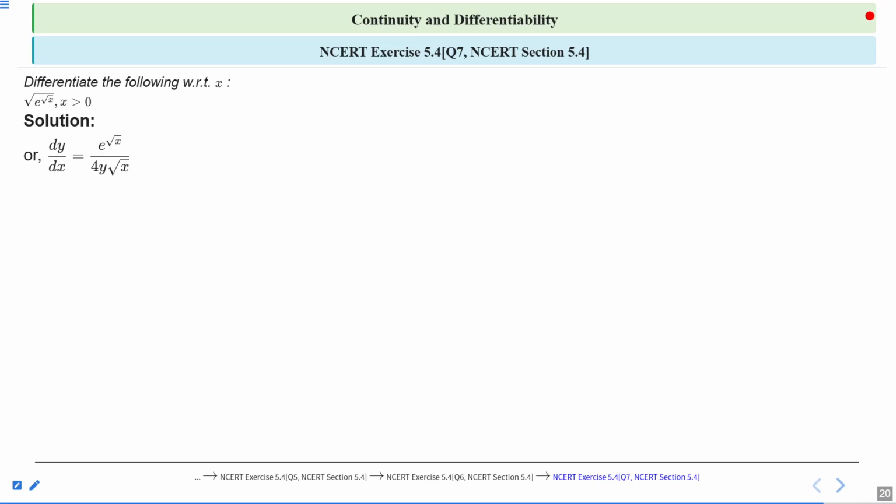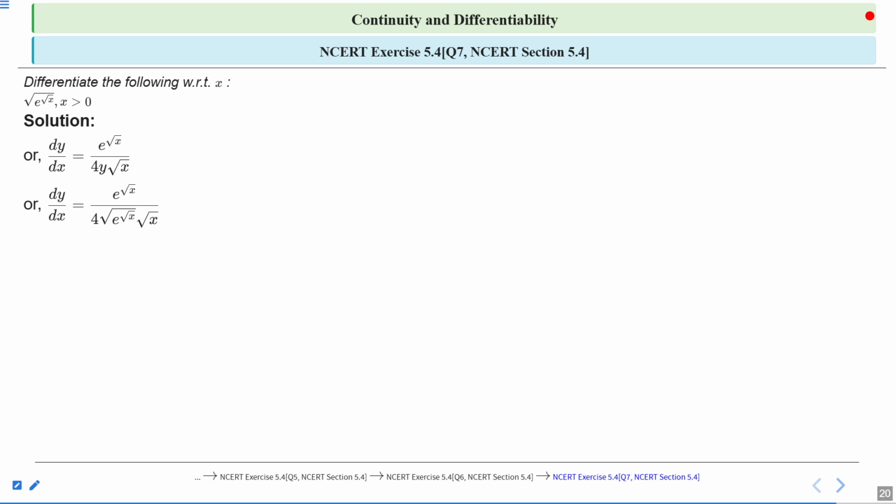Or we can write it as dy upon dx is equal to e to the power root x upon 4y root x, right? Clear? Or we can say that dy upon dx will be equal to e to the power root x upon 4 root e to the power root x into root x.